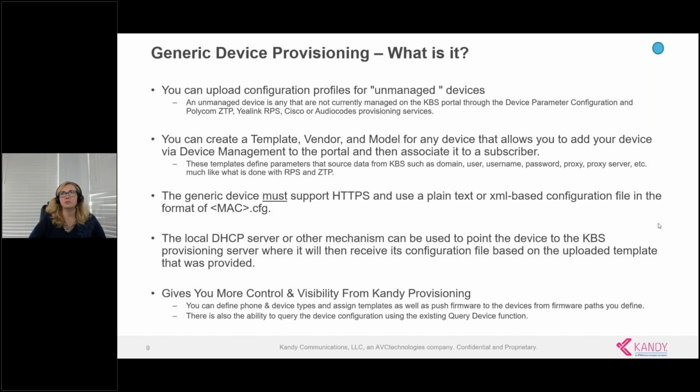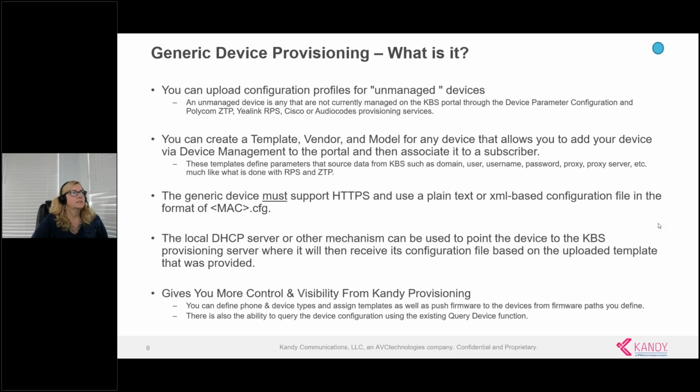Unlike Poly and Yealink and Cisco and others, when those immediately connect up, they basically go back to the vendor. I call it ET Phone Home, and go back to the vendor, and then the vendor says, oh, I have this zero touch provisioning service, and it looks at that first. Well, these devices don't do that.